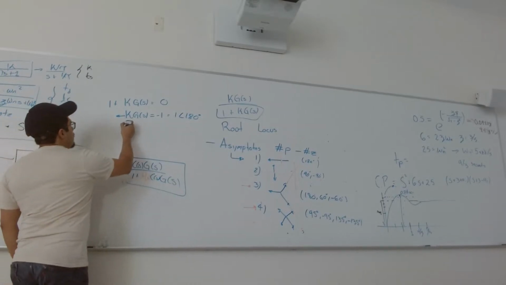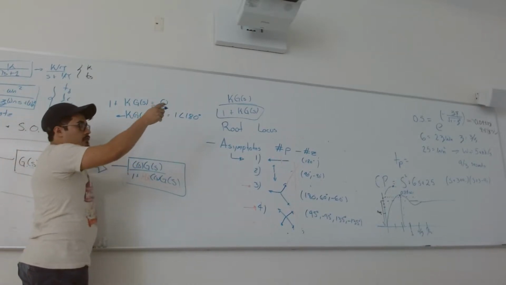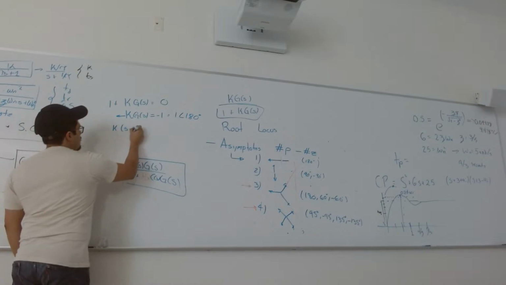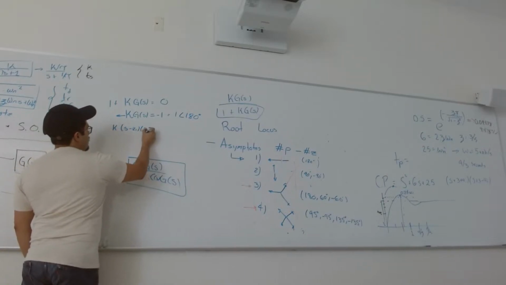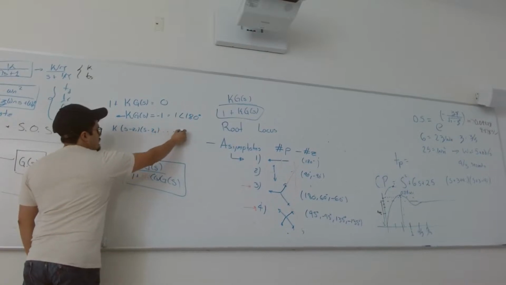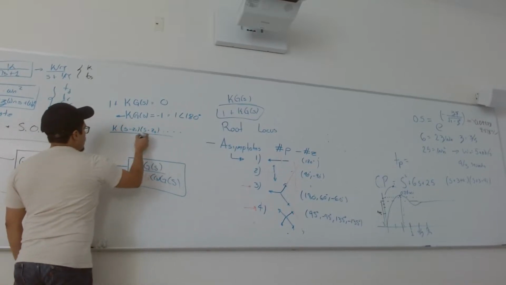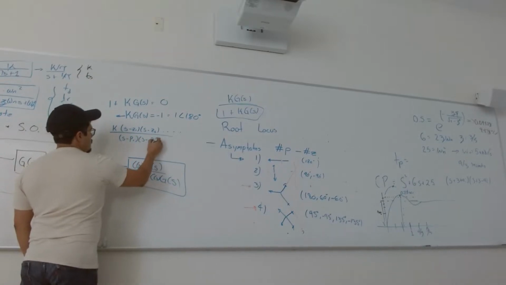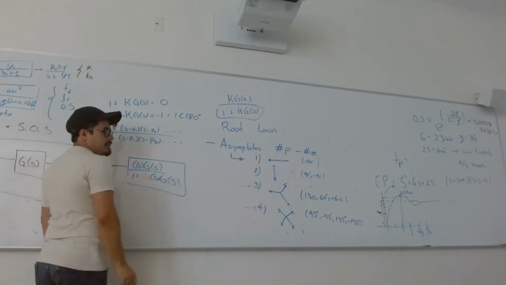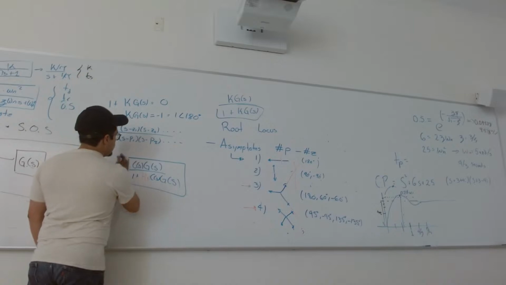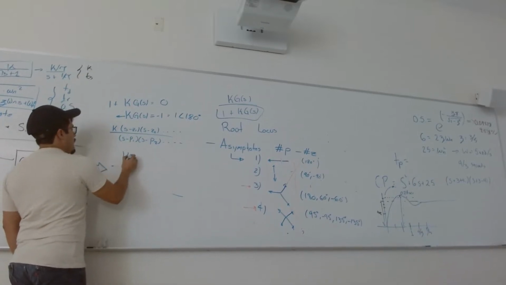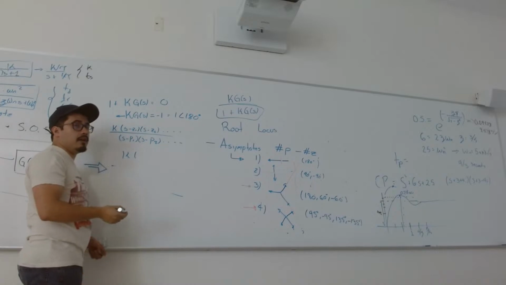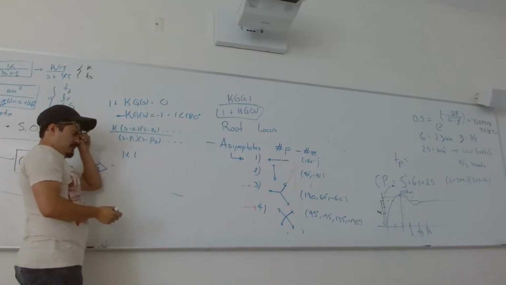Because this is shaped in the form of a multiplication of k times (s minus zero 1)(s minus zero 2), etc., and the denominator is (s minus pole 1)(s minus pole 2), etc., this also means that I'm going to have k, a complex value that is a function of s.